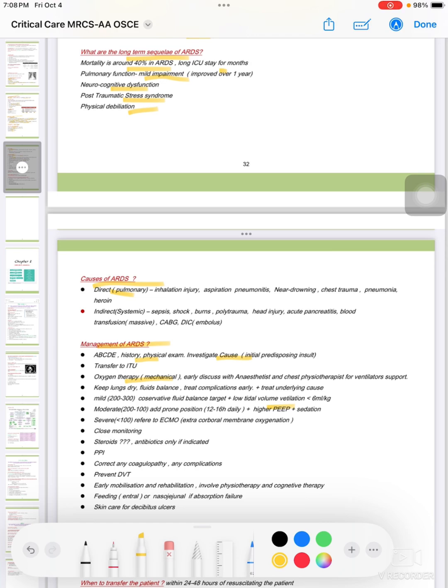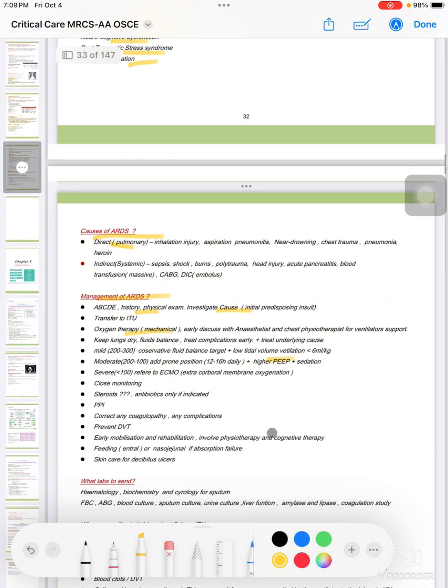Other supportive care includes nutritional support, such as enteral feeding, which is better than parenteral feeding. Venous thromboembolism prevention with low molecular weight heparin, and gastric ulcer prevention is done with prophylactic medications. Next, the long-term sequelae I have already discussed.